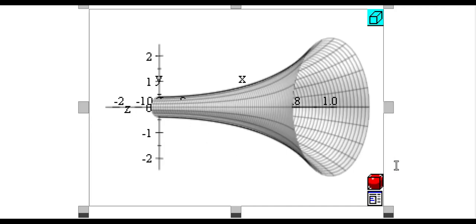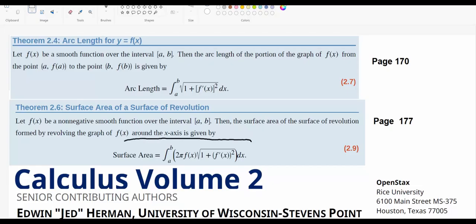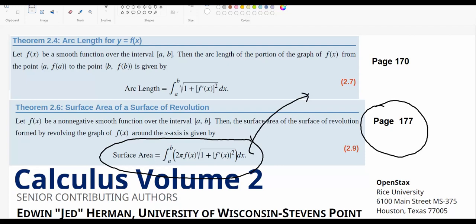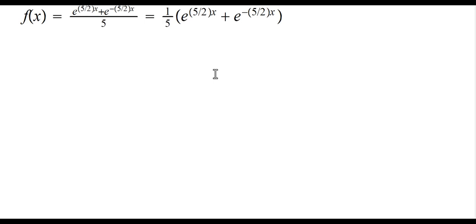And what we do for that is we just use this rule that was deduced on page 177 of our textbook. So I shall just write that rule again for you. Recall again that this is our function.